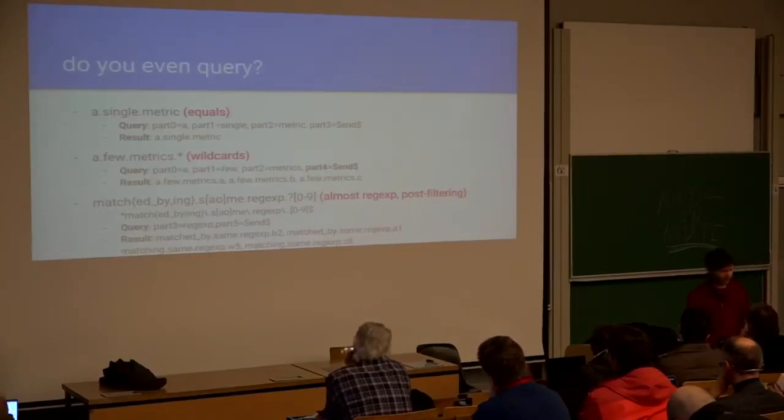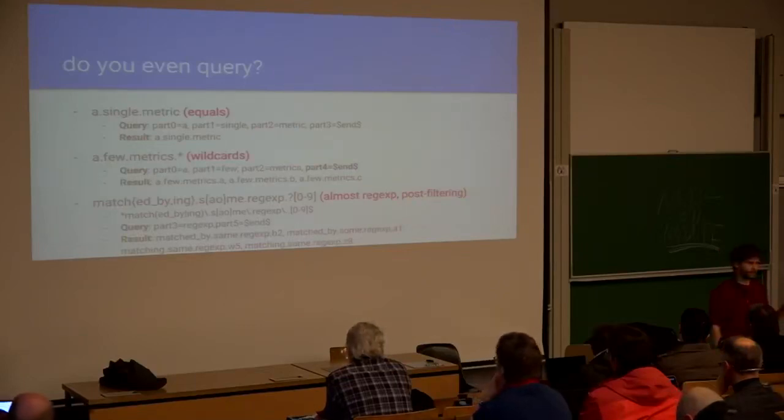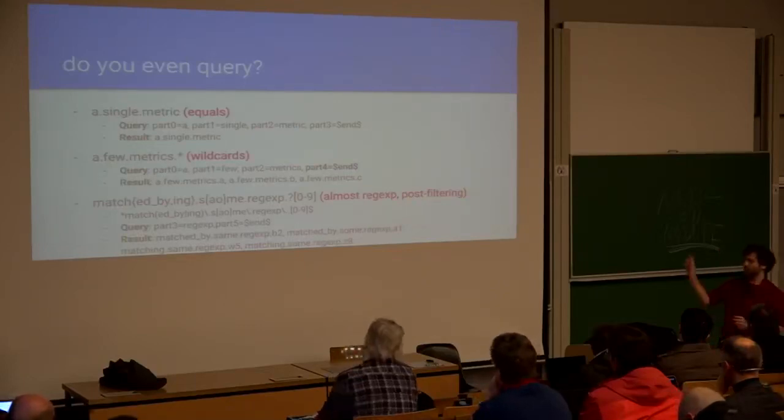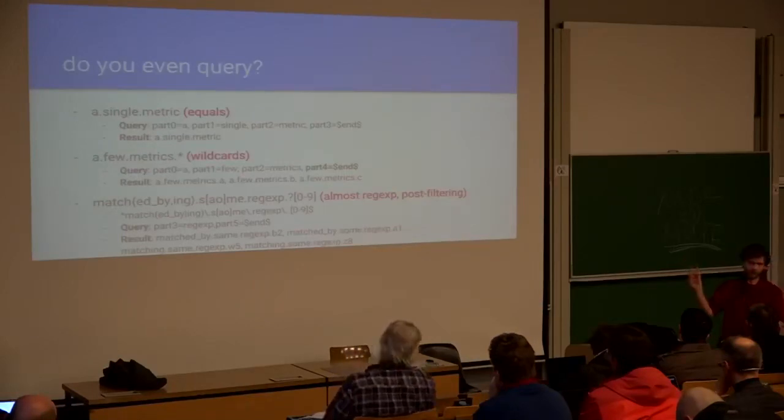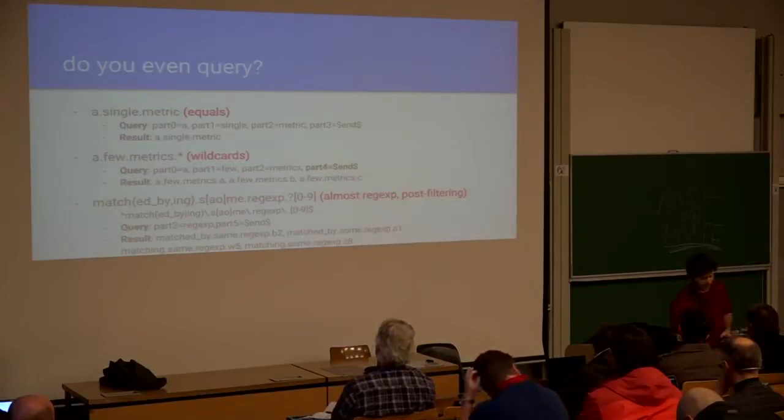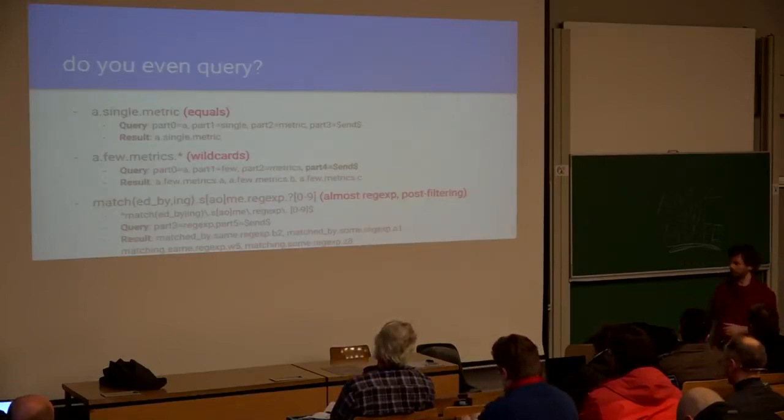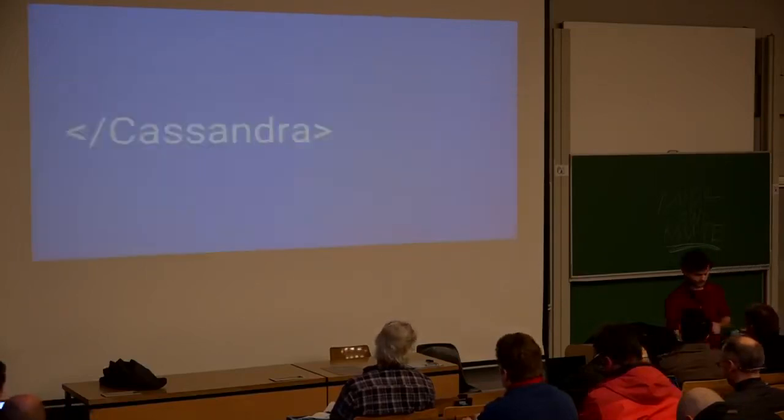So what we've done lately is that instead of using SASI, we're using Lucene in Cassandra, just converting this expression into a Lucene expression and letting Lucene do what it knows how to do. So we're still not using Elasticsearch. We don't need to deal with another database, but we have a better indexing engine. And that's it for Cassandra.